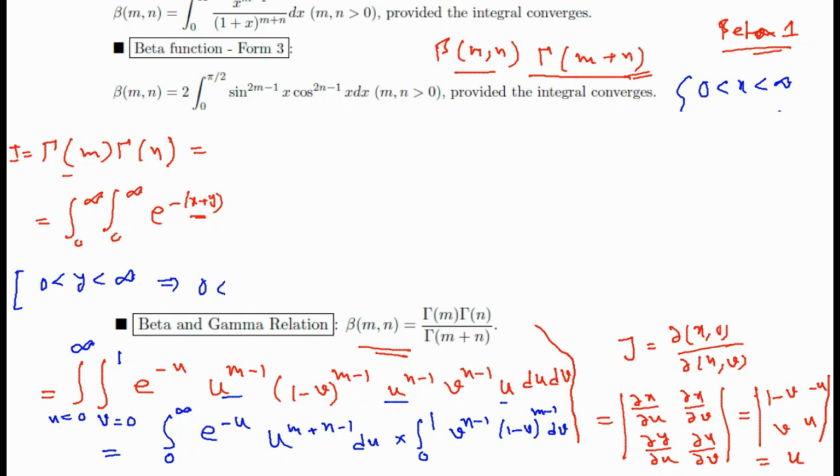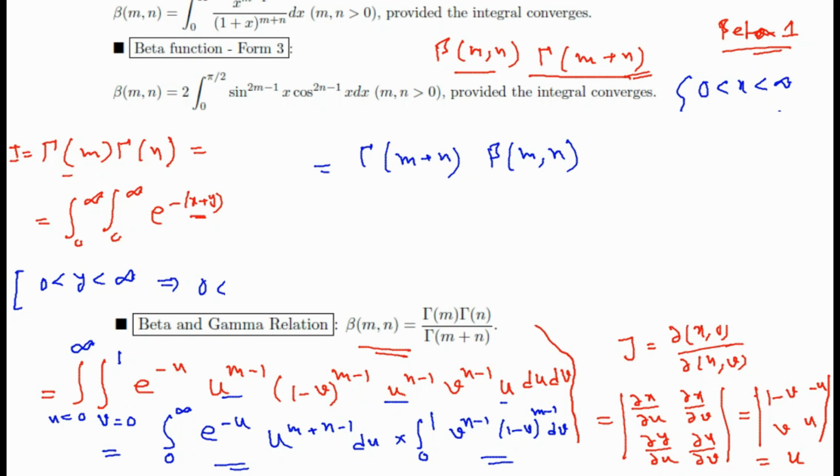So the first part is equal to gamma of m plus n, and the second part is the beta type one, beta m n.